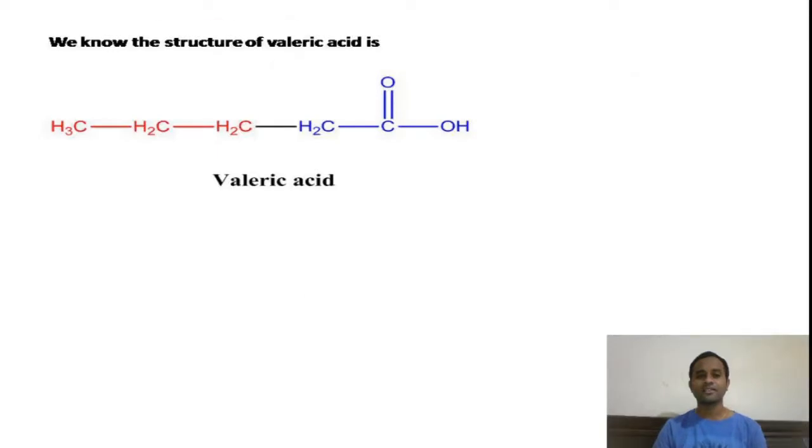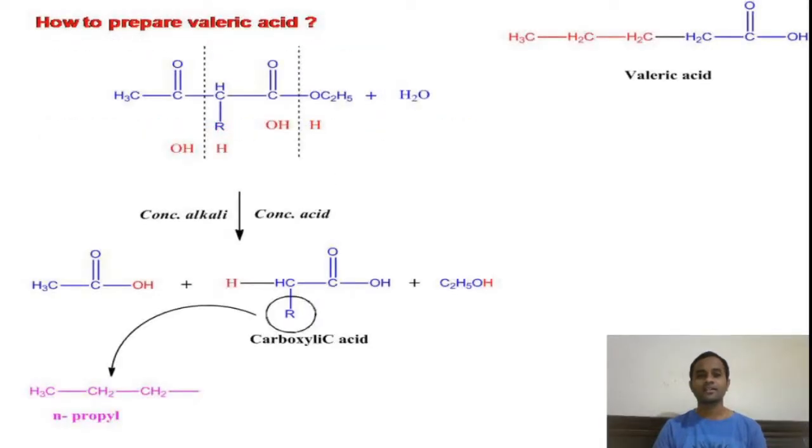And now let us try to prepare the valeric acid. Just now we have synthesized the alkylated acetoacetic ester by subjecting the acetoacetic ester to the base followed by alkylation, which on acid hydrolysis gives the alkyl substituted carboxylic acid as the product.